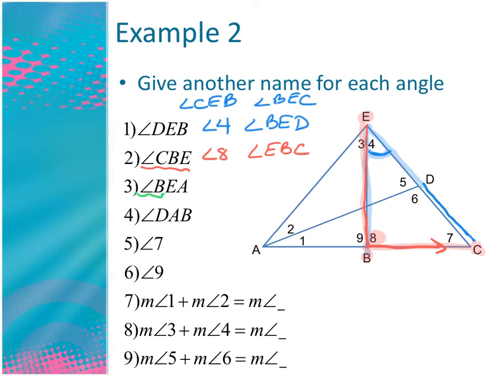Next is BEA. So this time I'm going to start at B, and then I'm going to go to E, and then to A. So B to E to A, and that's angle 3. The other way I can name it is to reverse the letters, AEB. E has to be in the middle for this one.